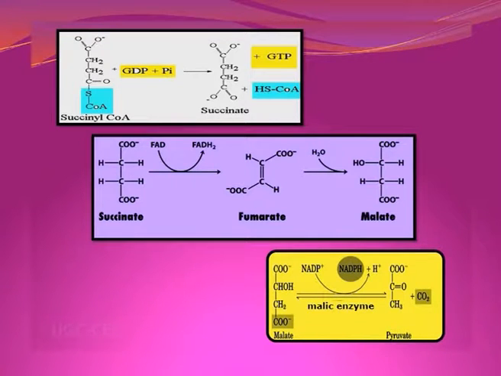Now this pyruvate will get converted to acetyl-CoA, and the acetyl-CoA will enter the TCA cycle to yield metabolic energy.